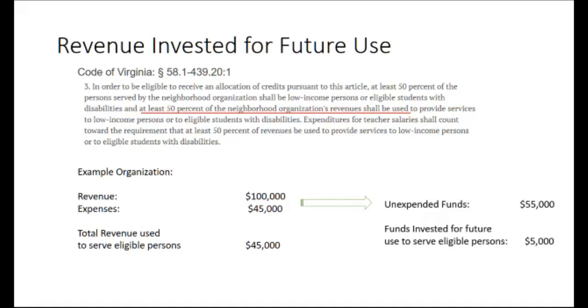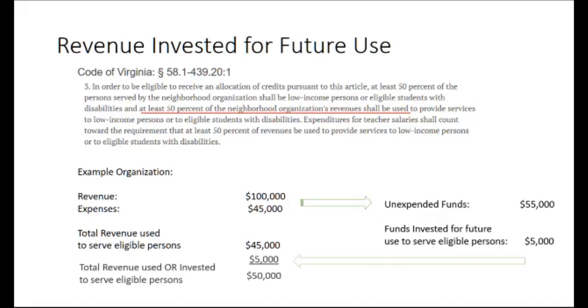Basically we would add that back in and say, oh, we set aside this money. Now we're at 50,000. 50,000 is 50% of 100,000 and you qualify. The downside to that is if you do that, in the next year, when you spend the revenue, we subtract it out because we've already counted it as used when you invested it or set it aside in this year.